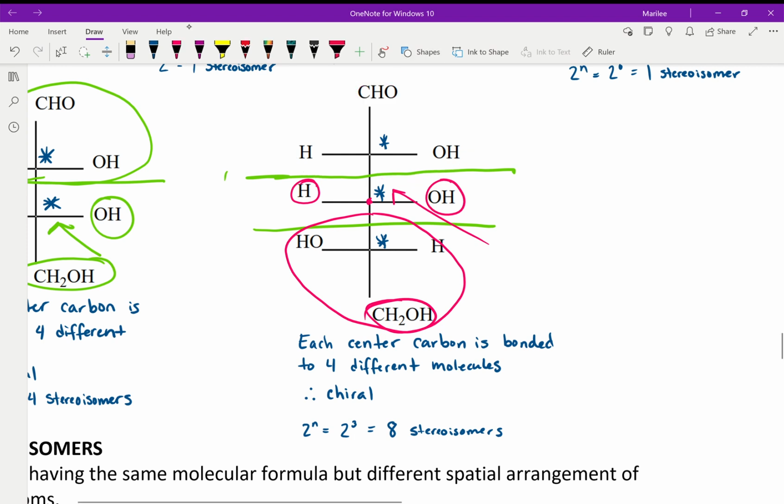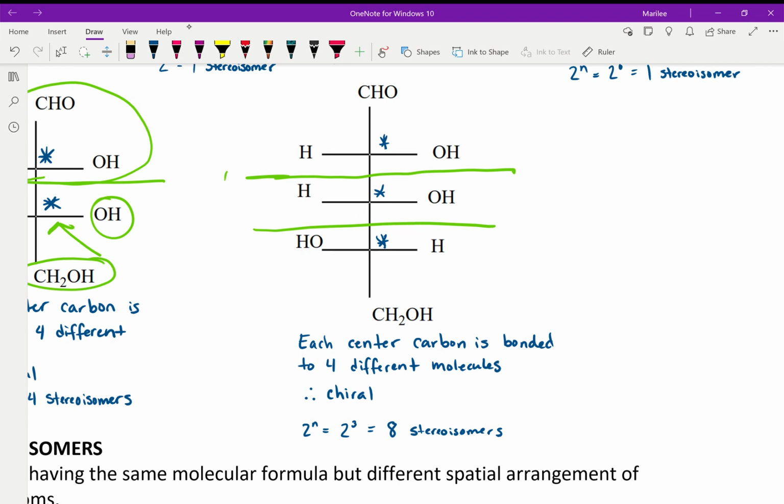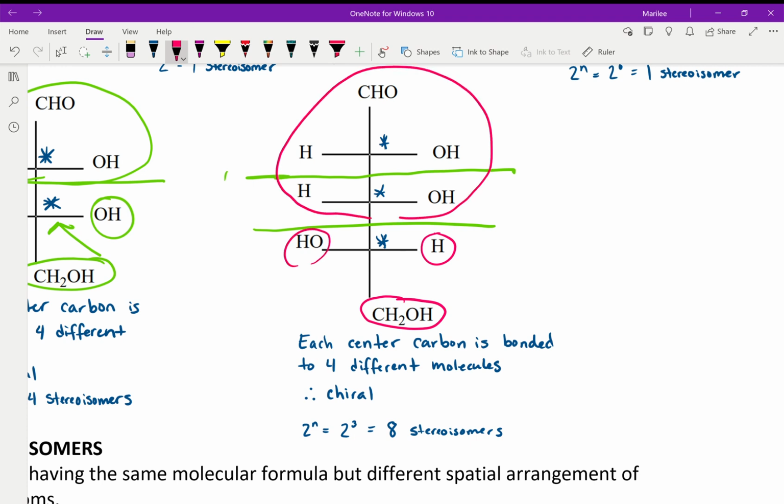And then do the same thing for the bottom. So we have CH2OH here, we have a hydrogen and an OH group, and then we have bonded to this entire top. And that's where I get the third chiral center from. So since we have 3 chiral centers, the 2 to the n equation is 2 to the power of 3, and we get 8 stereoisomers.